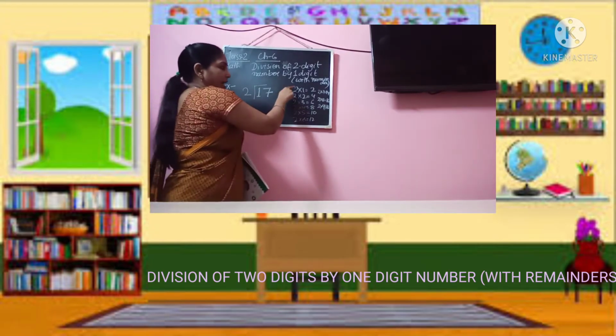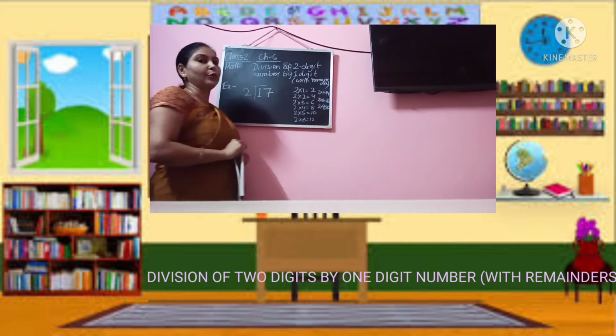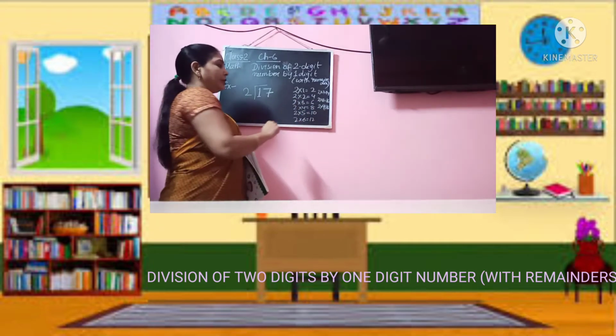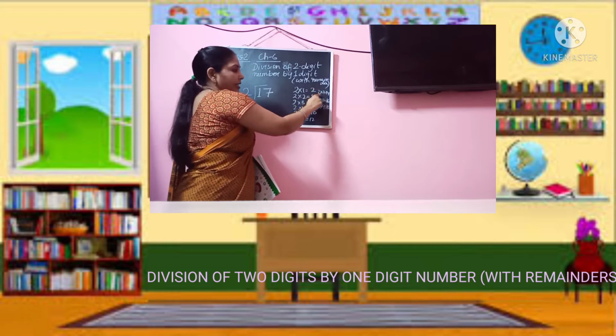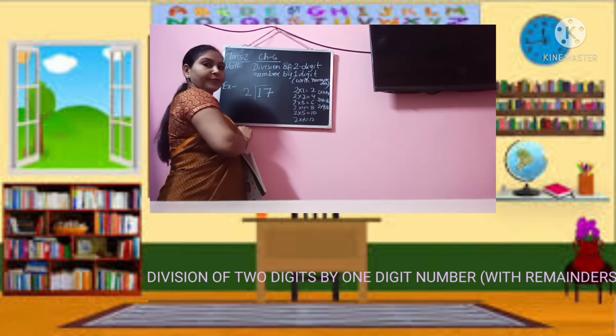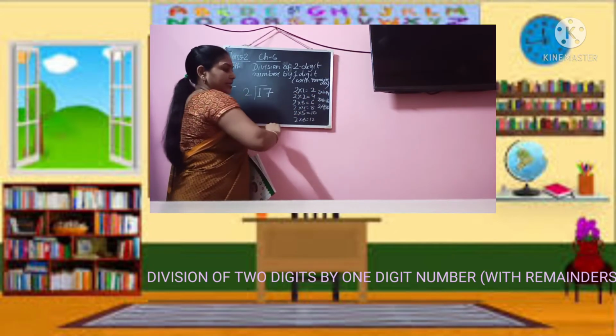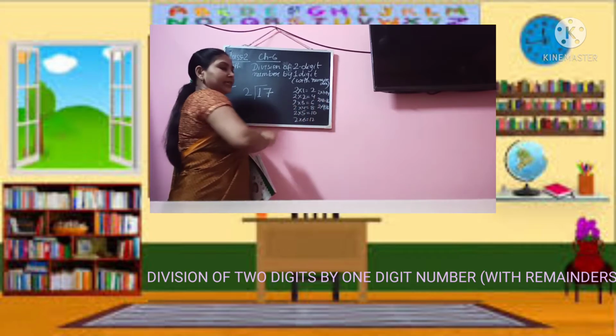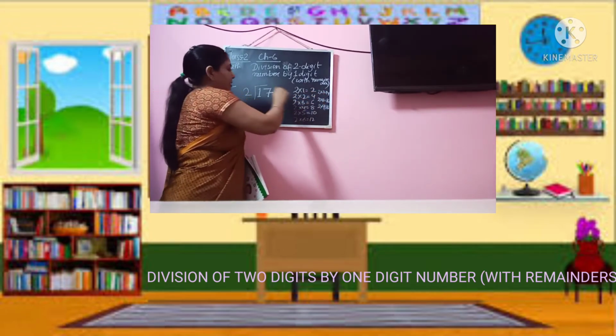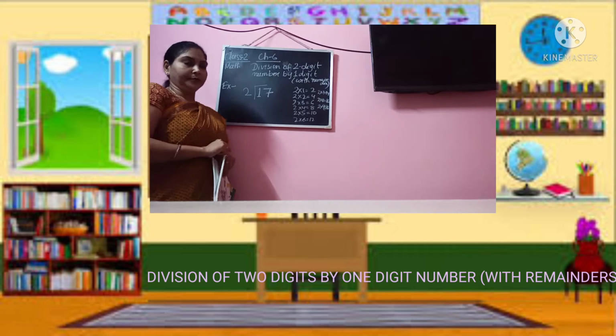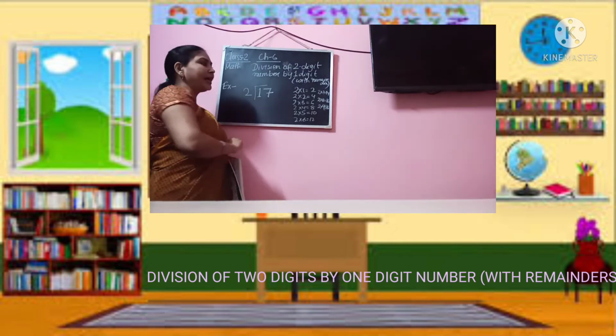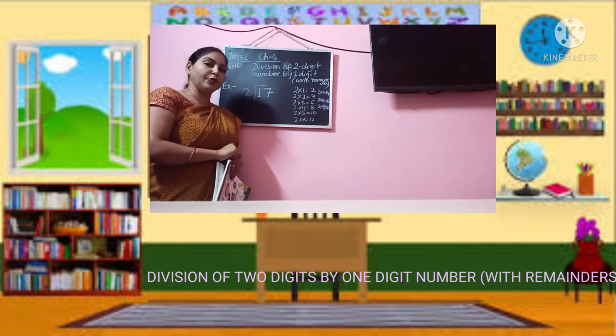For that you can see I have written here the table of 2. So in this table you see 2 7s are 14, 2 8s are 16 and 2 9s are 18. Now these three numbers are closer to this. Why can't we take 2 7s are 14?